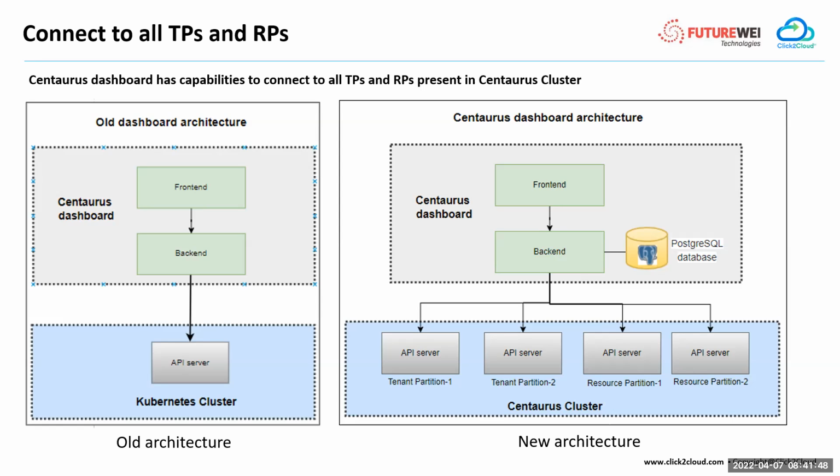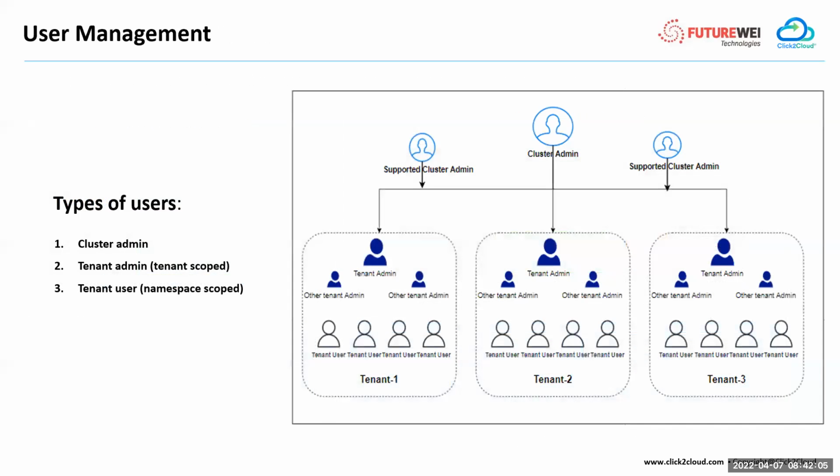And along with this, we have added database support into the dashboard service because we have added a user management feature also in the dashboard, which we will discuss in the next slides. In the user management feature, we have three types of users: cluster admin, tenant admin, and tenant user.